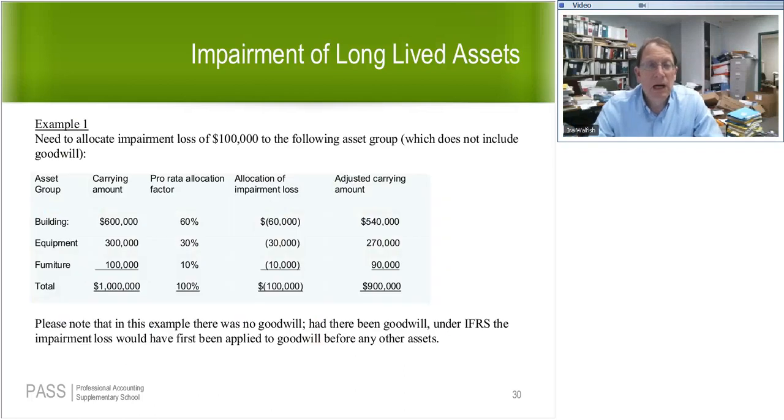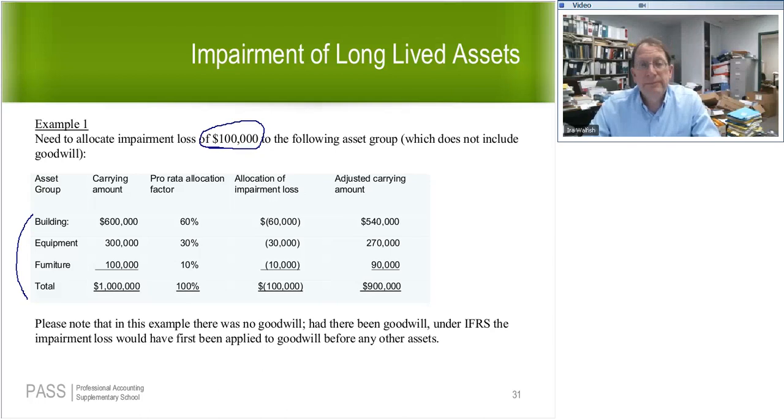All right. So let me show you an example where this plays out. Check out this. Here's your group. Building, equipment, furniture, I'm giving it to you. Do you have a write down? Yeah. Issue number 1, you got a write down of 100,000. Fine. Look at my group. 600,000, so building gets 60%. 300 divided by 1,000,000 is 30. 100 divided by 1,000,000 is 10.